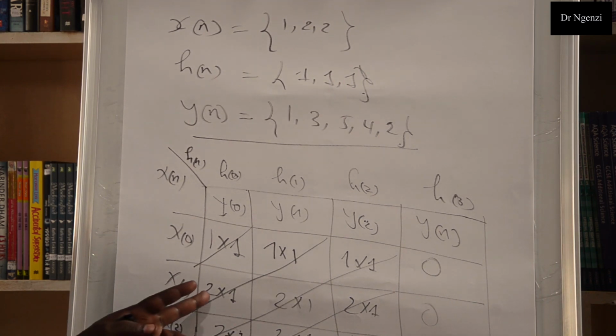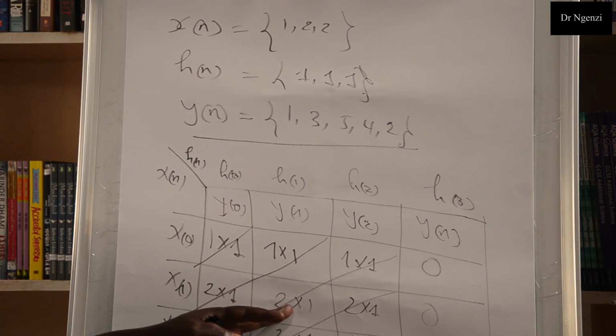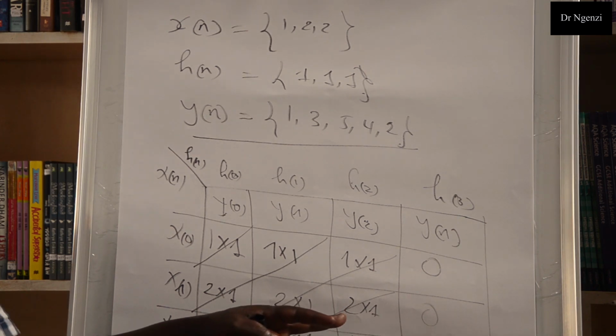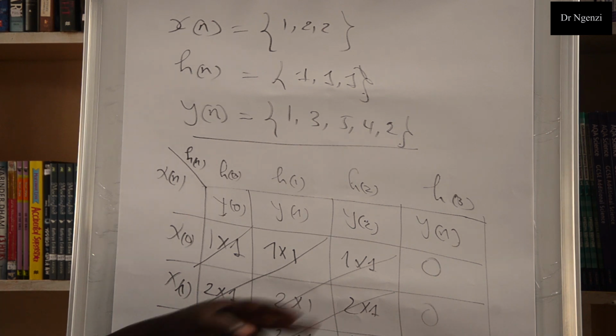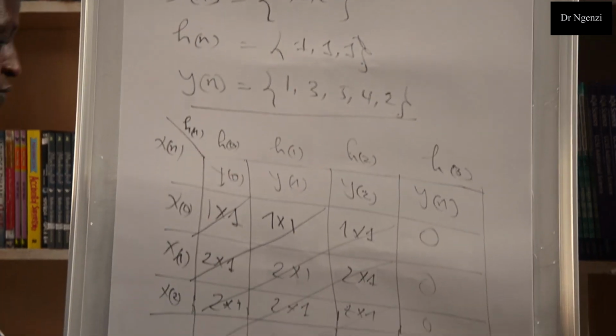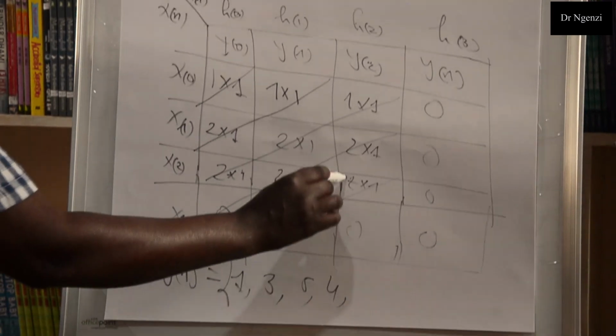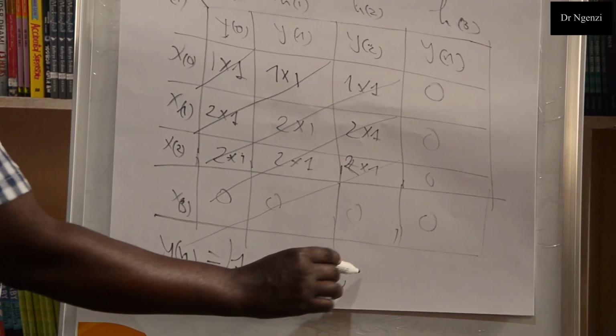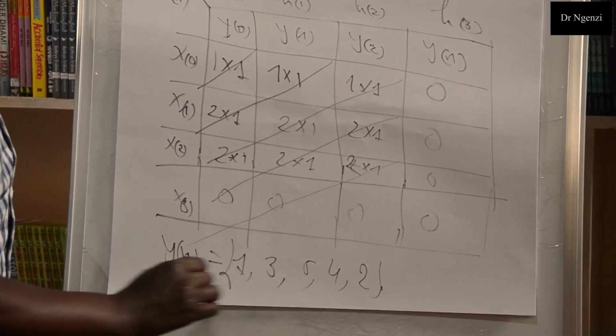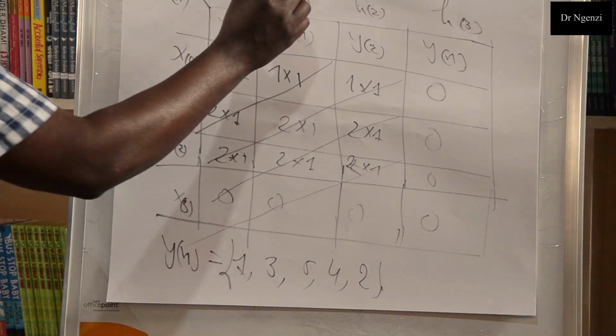Then 2 times 1, that is 2 plus 1, this is 3. Then you move to another step. 2 plus 2 plus 1 is going to be 5. Then 2 plus 2 is going to be 4. Then 2 times 1 is going to be 2, which is our answer here.